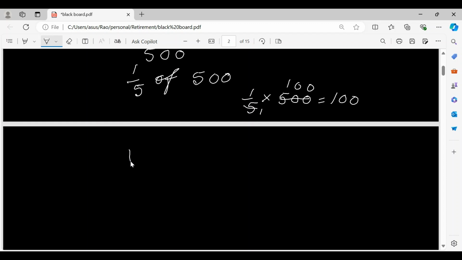The whole was 500, from here to here is 500, and that whole has been divided into five parts.